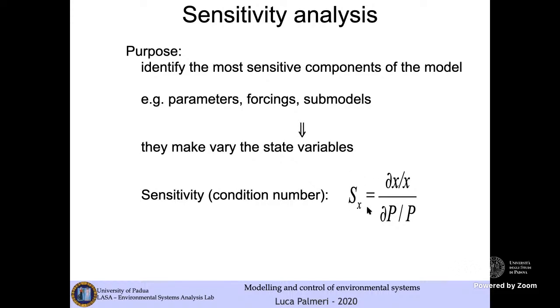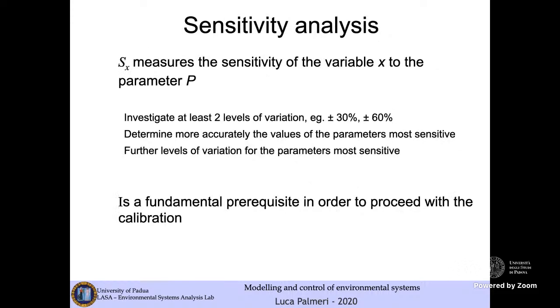It describes how much the various elements of the model may modify the behavior of the model. In a certain way, we may say that condition numbers measure the sensitivity of a variable x to a parameter p. So we have several condition numbers, one for each combination between state variables and parameters.